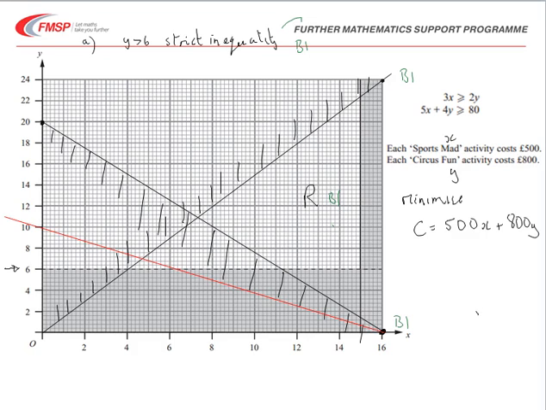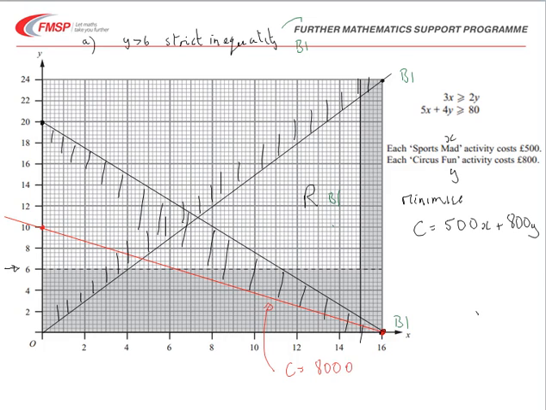Well, on my diagram I've put one particular value of the objective function line there. This is where we've got x equal to 16 at one end of the line and y equal to 10 at the other end. So that would be C equal to a value of 8,000.